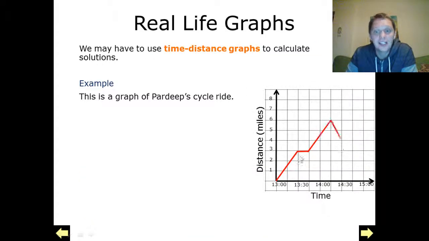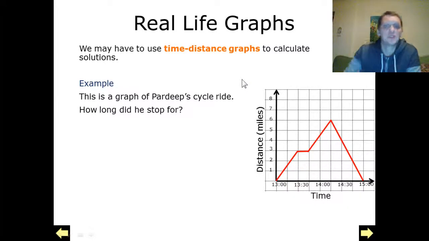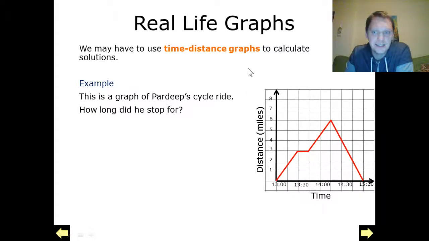We can also use a time distance graph to calculate solutions. Here's my time distance graph, with distance in miles, so we've got some form of measurement there, and here is our time. This is an example of Pardeep cycling. A standard question could be, how long did he stop for?